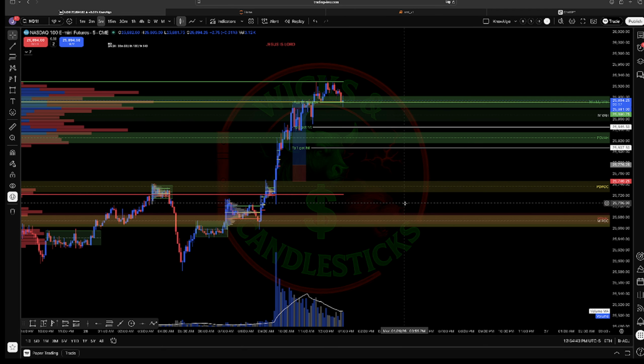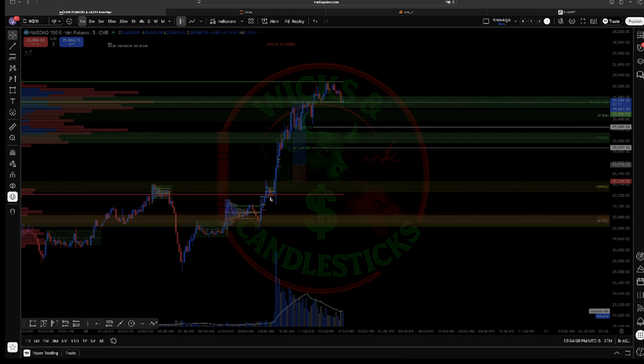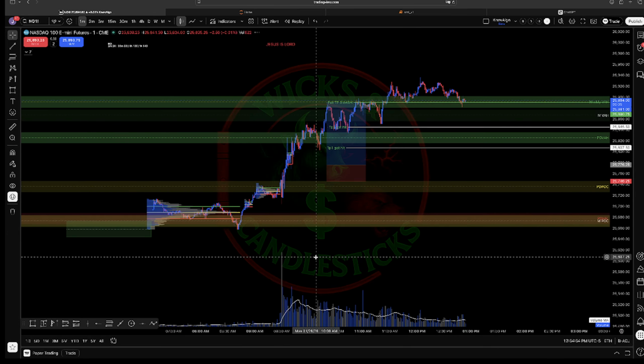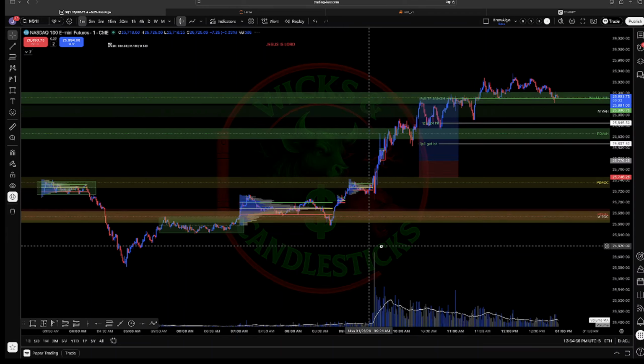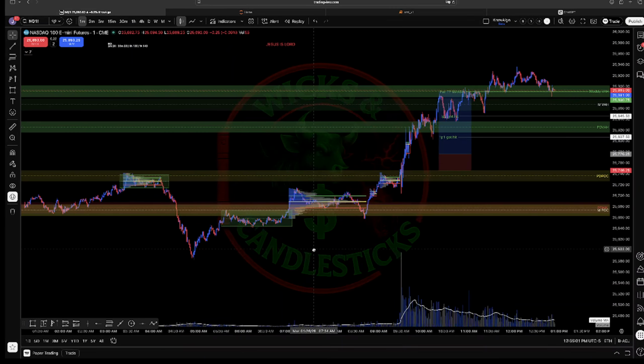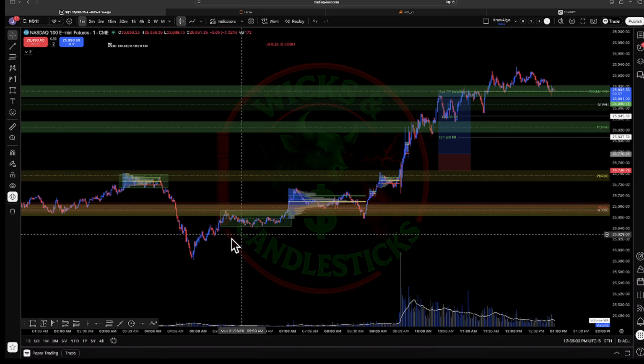So this gave me hope to be in a bullish bias. I also want to point out something else. As I went down to the 1 minute time frame, I noticed value migration and compression.